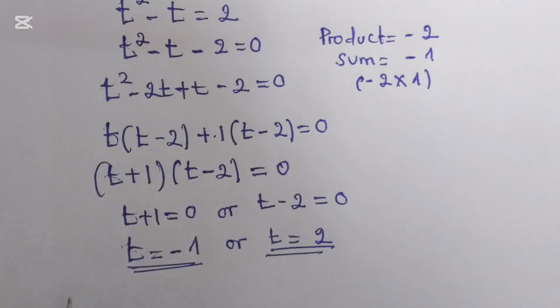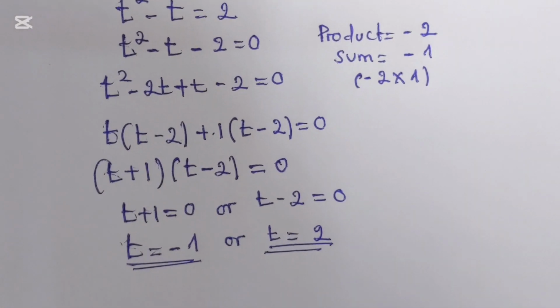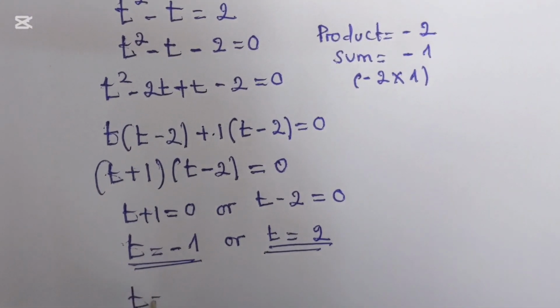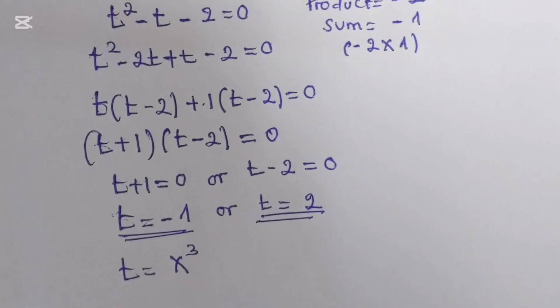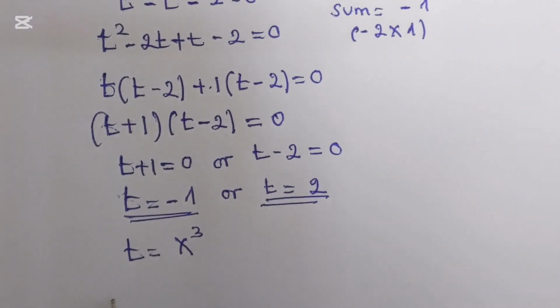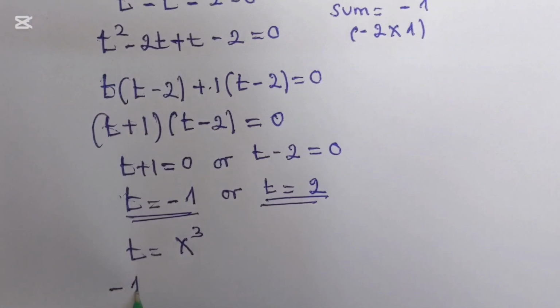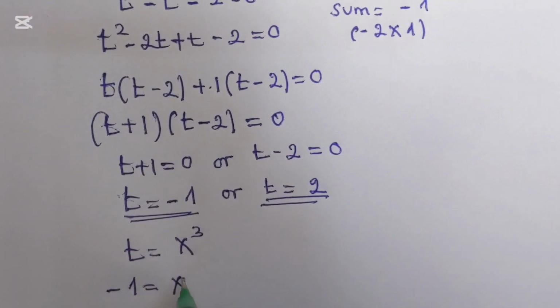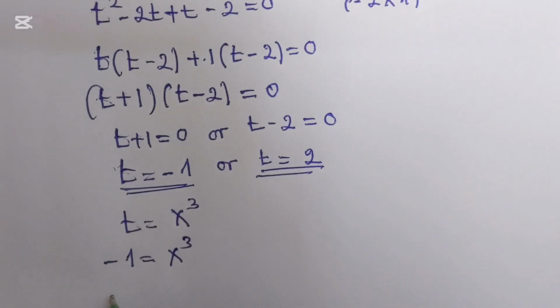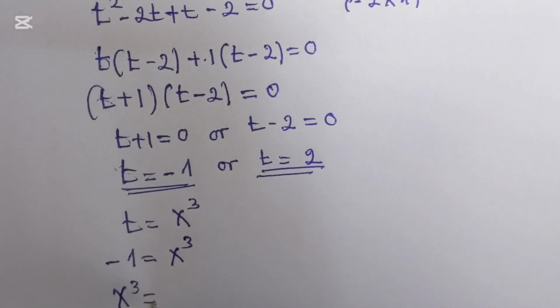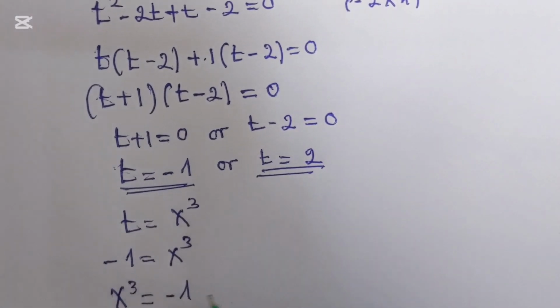And then we know that t is equal to x to the power of 3. So negative 1 is equal to x to the power of 3. By interchanging, we can say x to the power of 3 is equal to negative 1.